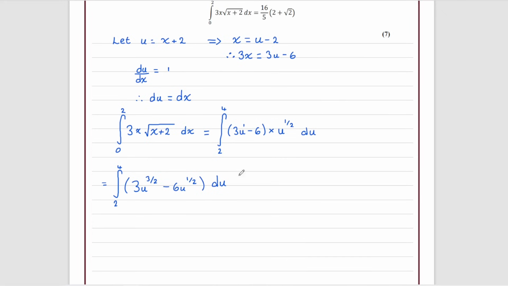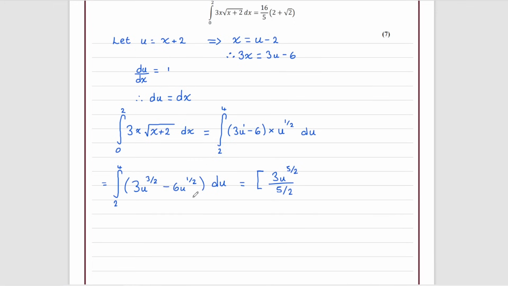So from here now, what we need to do is actually perform the integration. If I add 1 to the power, so I've got 3u. Now add 1 to the power, so if this power here is 3 over 2, adding 1 is the same as 2 over 2, so I get 3u to the power of 5 over 2, and then we divide by the new power. So in total what we've got here is 3u to the power of 5 over 2, and then we divide by 5 over 2 here.